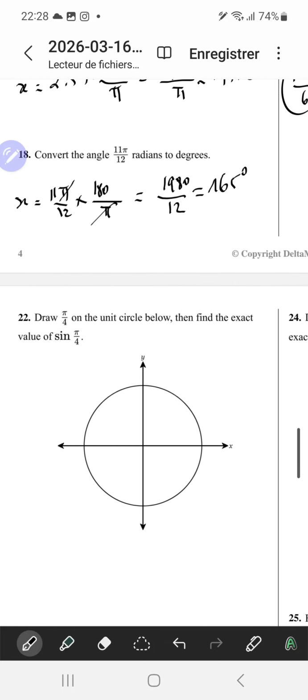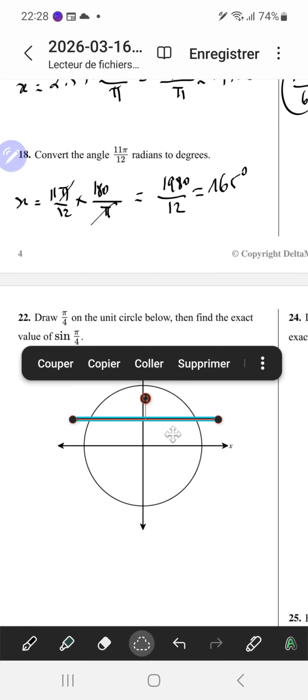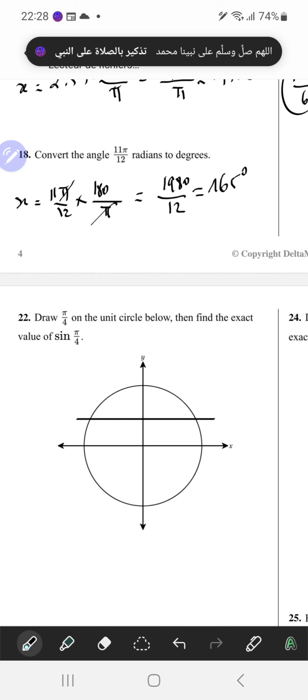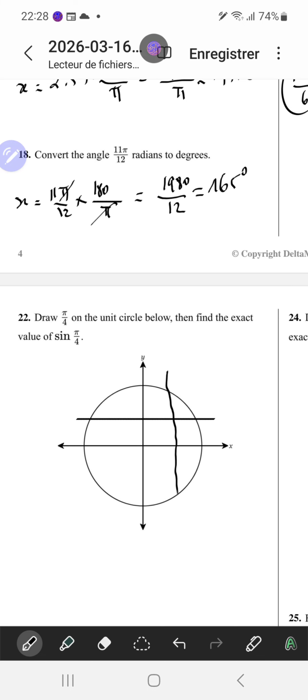Here, draw pi over 4. How do we draw it? We do here the half. Exactly. The half.